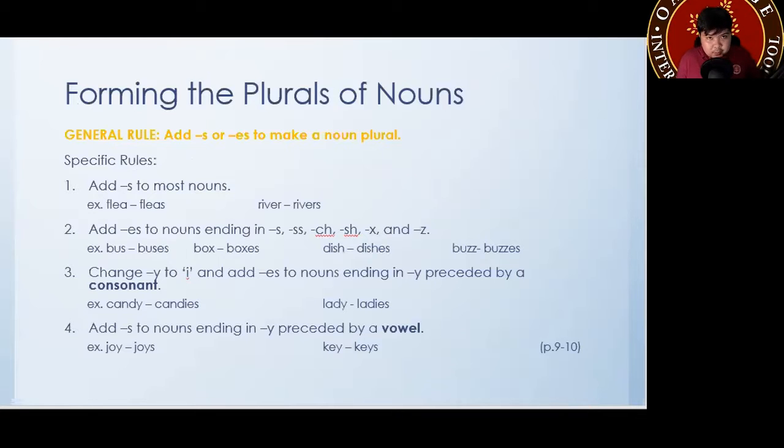Now, what's a general rule? This is just a reminder for my previous students, especially for those new students, and even for those who forgot.